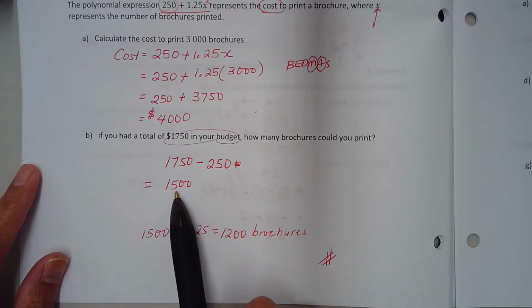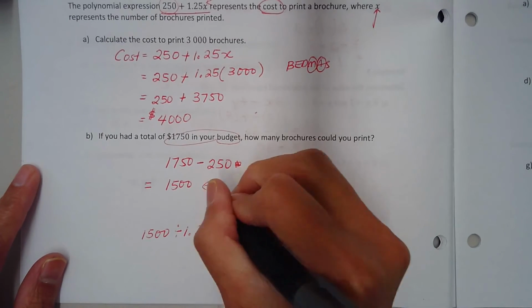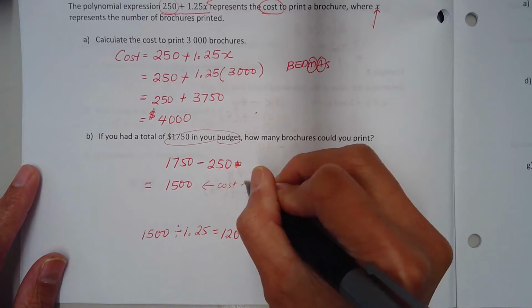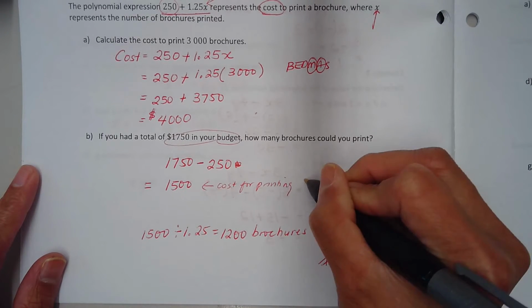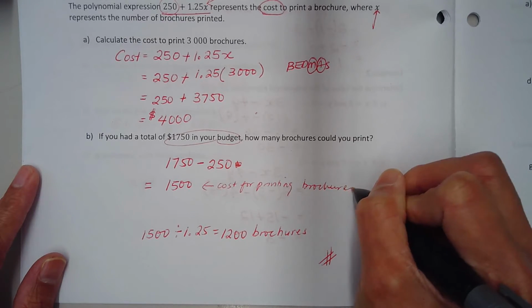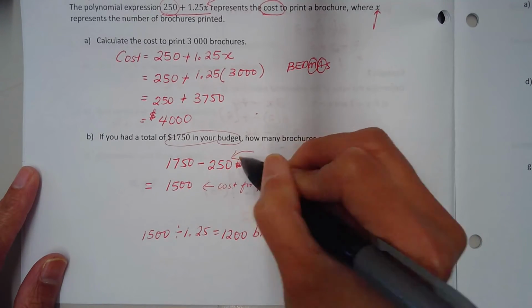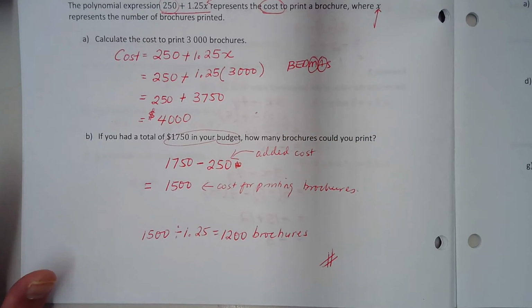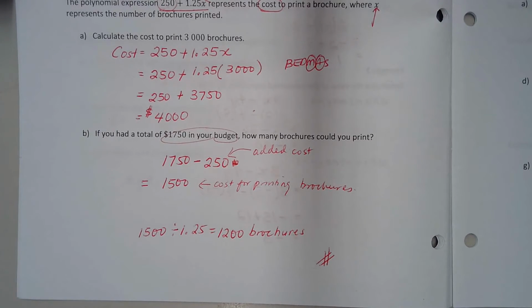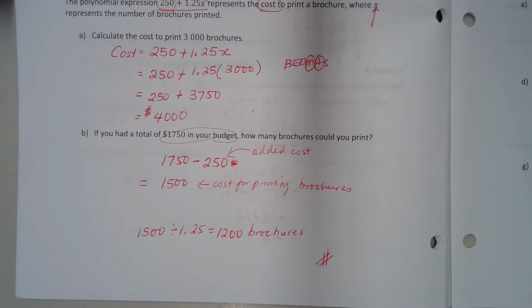So 1,500 is the cost for printing brochures, because the 250 is the added cost. The added cost could be designing the brochure, it could be shipping the brochures to the customer, it could be setting up the machine to create the brochure.